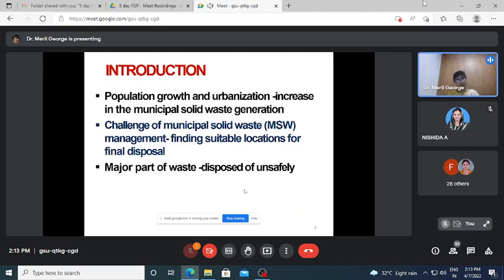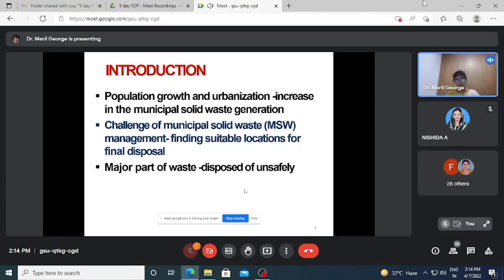About 94% of waste in India is seen to be disposed of unsafely, either burned in an uncontrolled manner or dumped in untreated landfills. So finding a suitable location for final disposal of the site is a major challenge for the municipal authorities nowadays while considering municipal solid waste management.